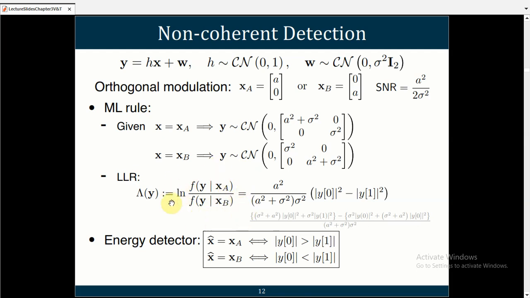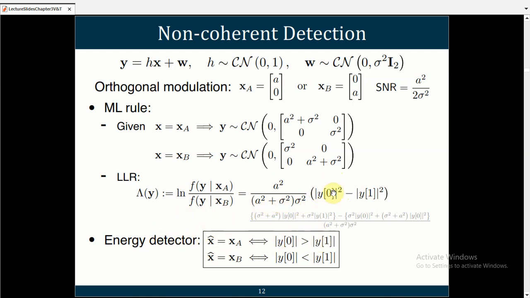If you see in detail, this equation basically represents a comparison of the distributions of XA and XB when the distribution is measured at vector y. Solving this equation and putting in the respective PDFs, we get this equation. From this equation we see that this turns out to be a very interesting decision problem, which is called the energy detector.